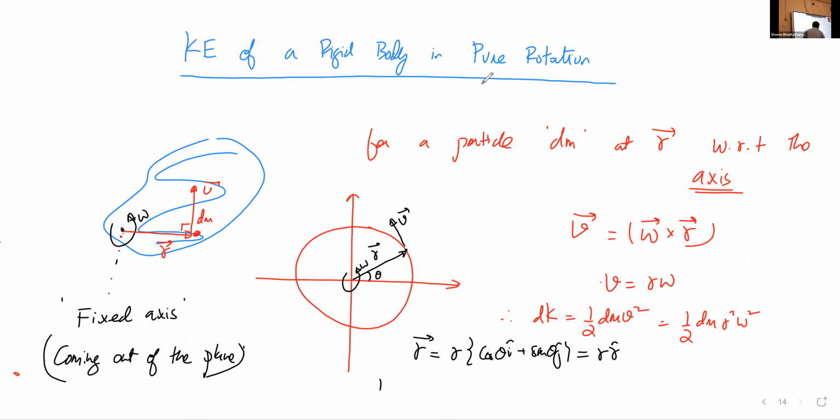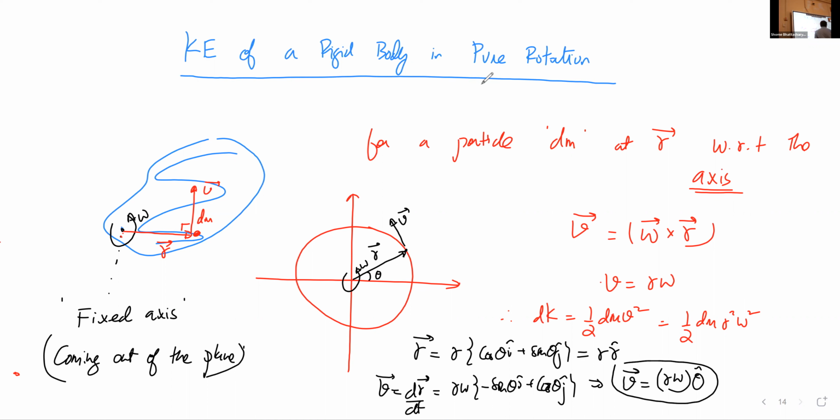Then velocity comes by differentiating this. When we differentiate, we get r omega into minus sin theta i cap plus cos theta j cap. So we get the relation that velocity is r omega theta cap, which we express as a cross product sometimes, and that becomes omega cross r. All this is coming from the background of circular motion. The mod of this equation is v equal to r omega.